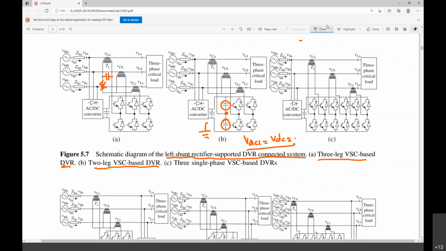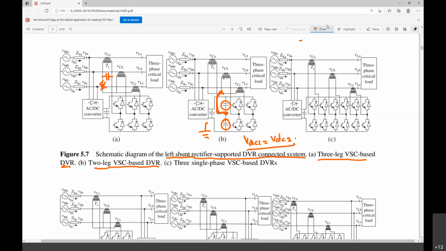Suppose these are the other points. One of the phases is going to this. If there is no voltage over here, then obviously this voltage is going to come here, and this voltage is going to come here. See, this particular voltage, VCB and VCC, is going to come here.